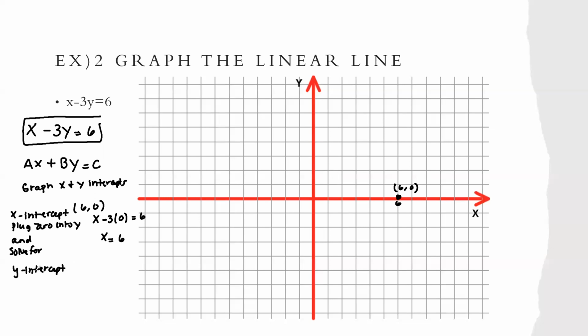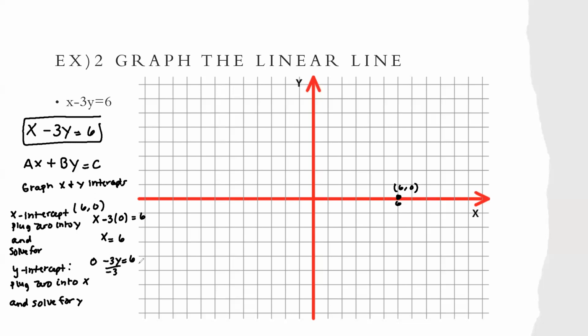Okay, now let's find the y-intercept. So how do you find the y-intercept for any graph? It's kind of like the opposite. You plug 0 into x and solve for y. So you plug in 0 for x, so that would be 0 minus 3y equals 6.